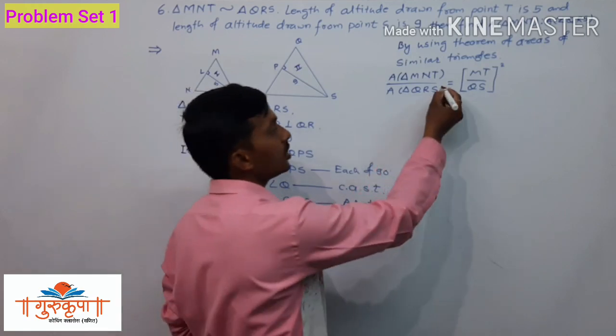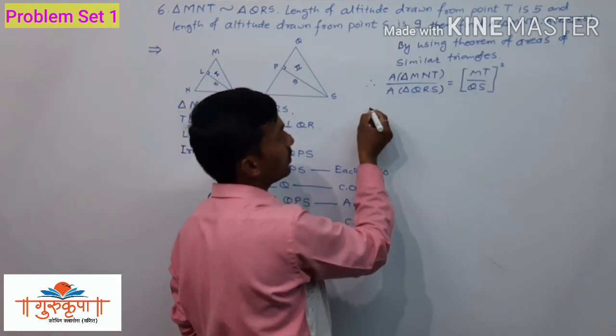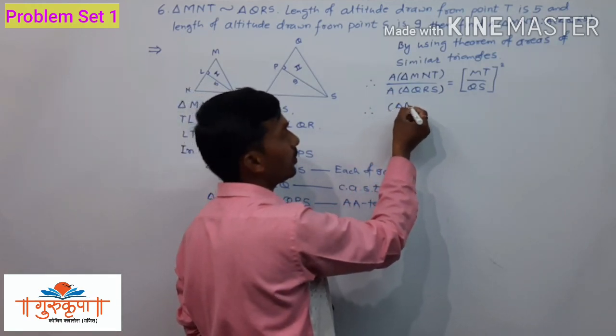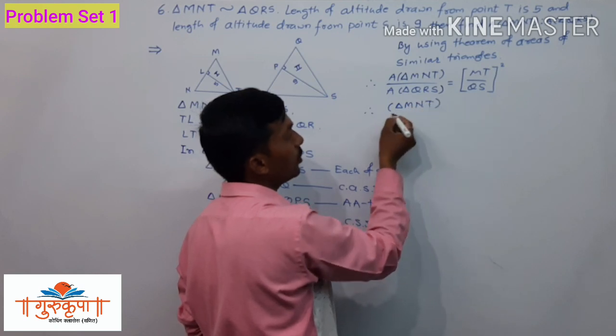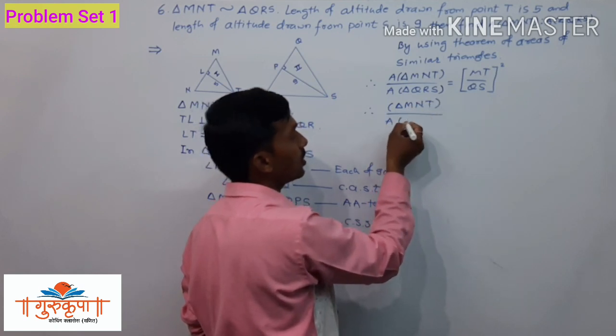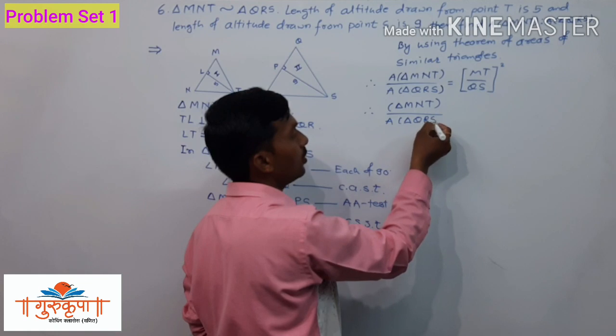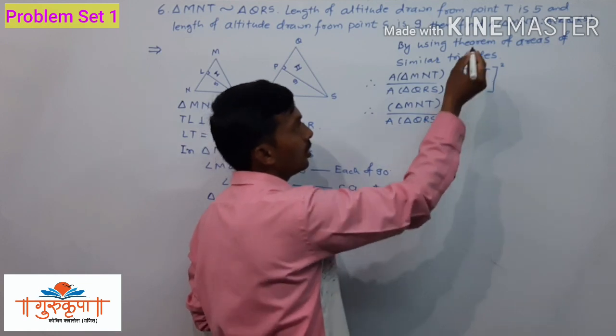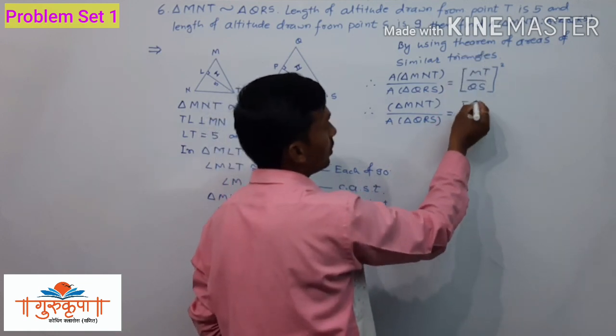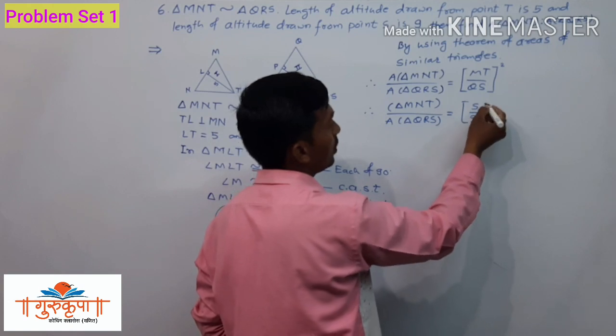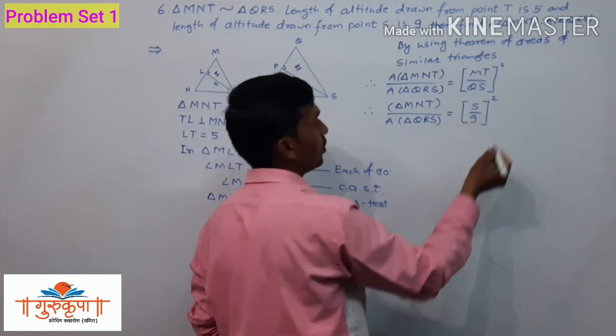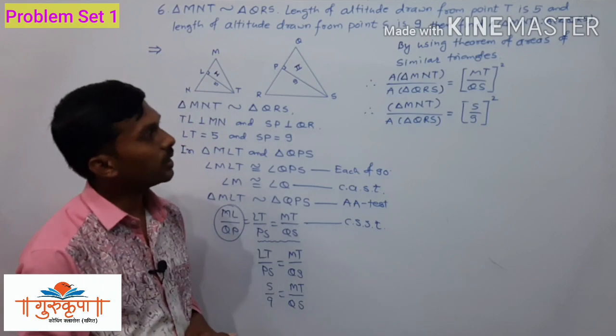So we have to use that value there, and we will get the ratio of the areas of the two similar triangles. So here you can write area of triangle MNT upon area of triangle QRS is equal to square of 5 upon 9.